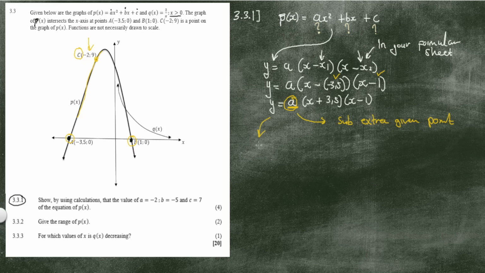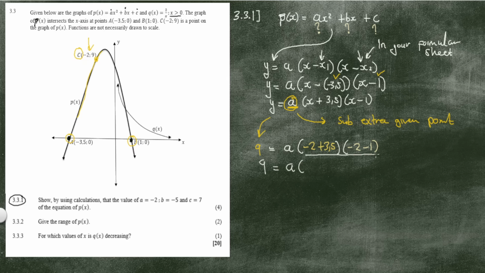Where there's y, we substitute 9 equal to a. In bracket, we're going to have x that is minus 2 plus 3.5, close bracket, open bracket, we then have minus 2 minus 1, close bracket. Then we simplify. We have 9 that is equal to a.